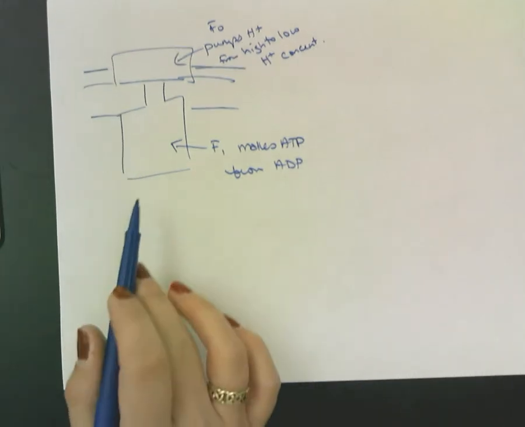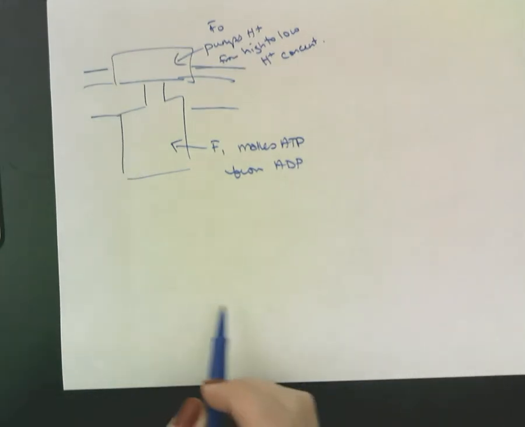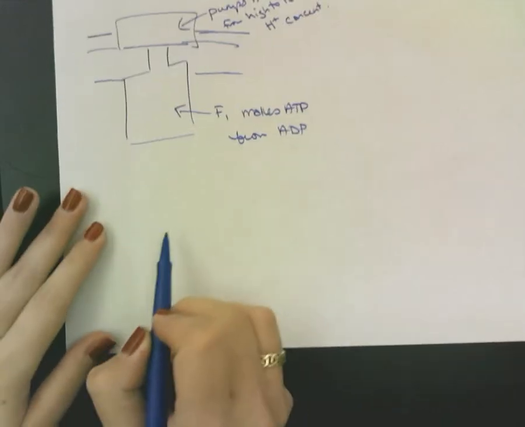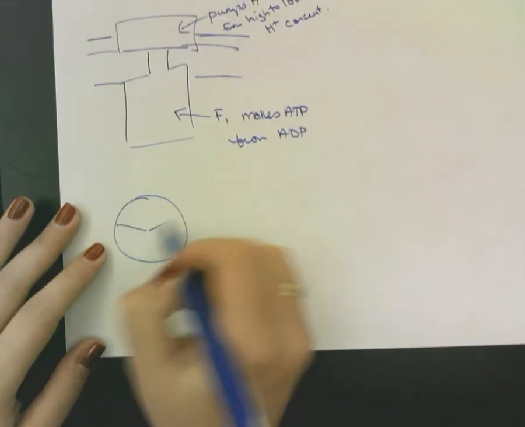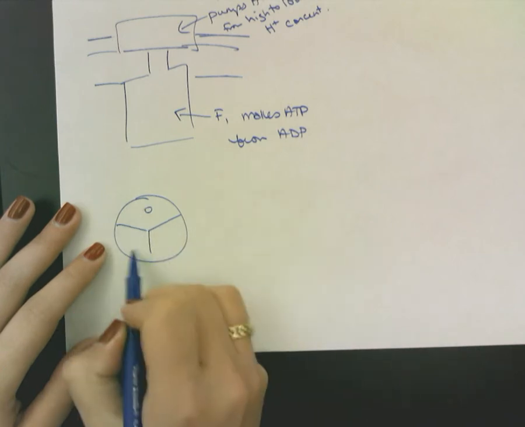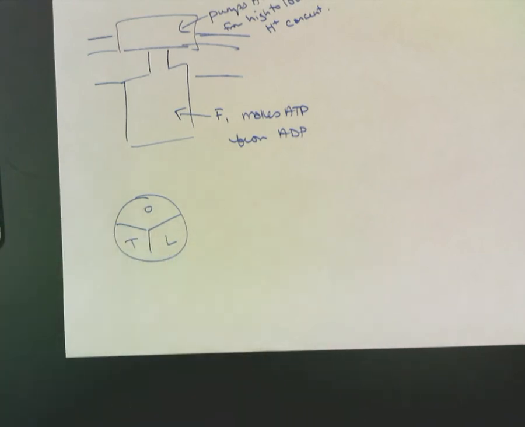So what we were looking at the other day was this F1 complex, where it had 3 different states it could be in. Open, tight, and loose.